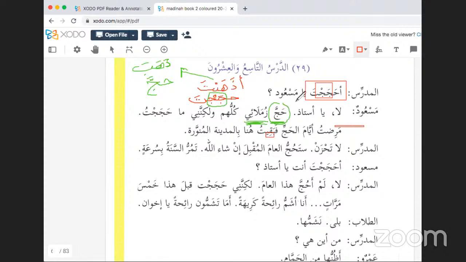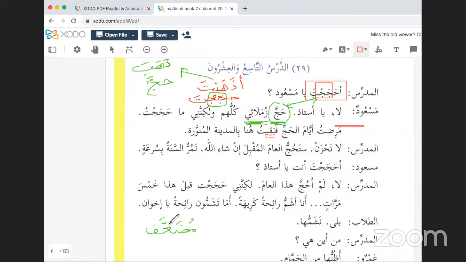Good. So this is one of the main parts of الدرس التاسع والعشرون, which is showing this fi'l, the verb that has two letters the same. And this is known as al-fi'l al-mudha'af. Al-mudha'af basically means doubled.